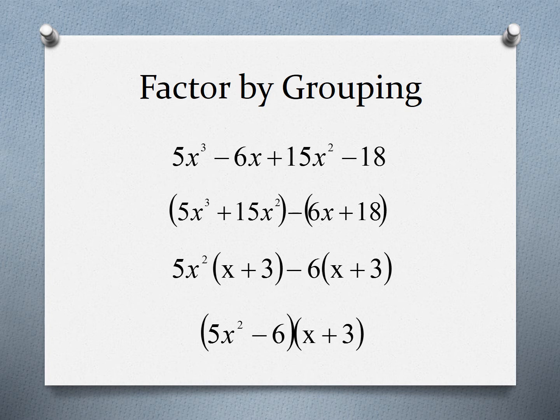And so now I have 2 binomial terms that represent the unmultiplication of my original polynomial. So the solution is 5x squared minus 6, that quantity, times x plus 3. That quantity. And so what I'm saying is these are the 2 numbers that were multiplied that gave me my original polynomial.